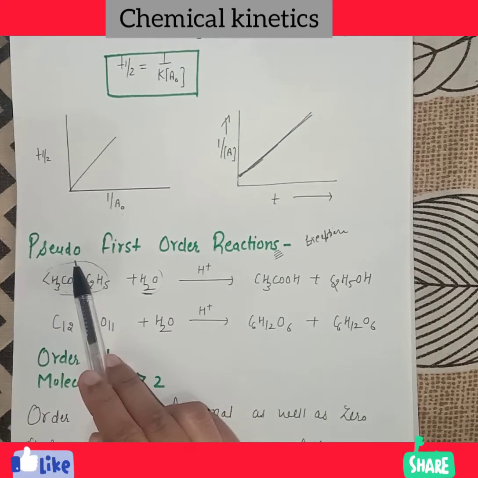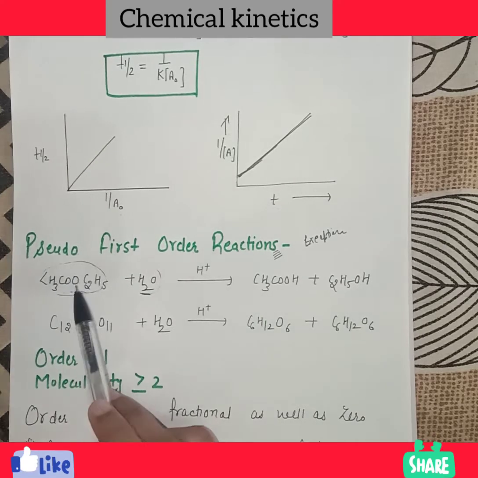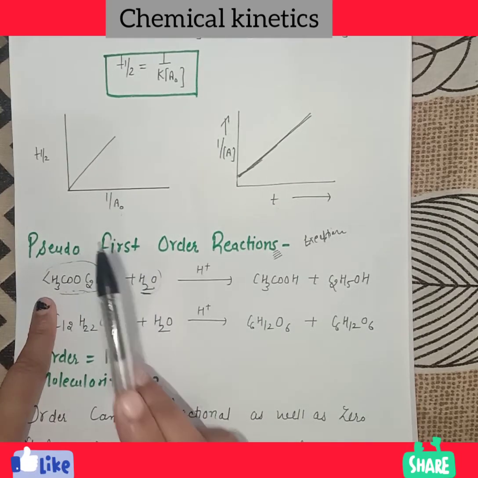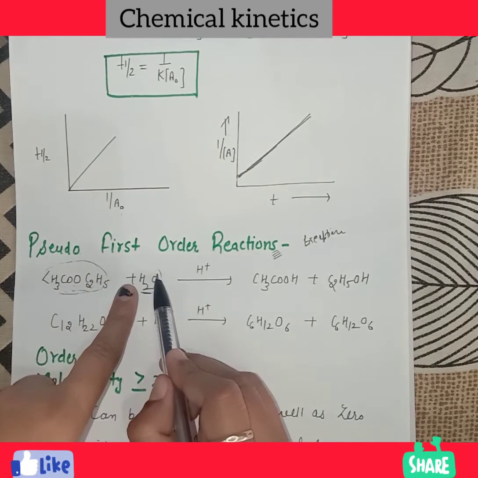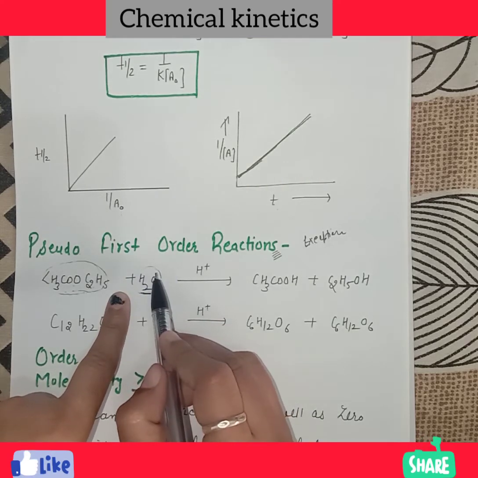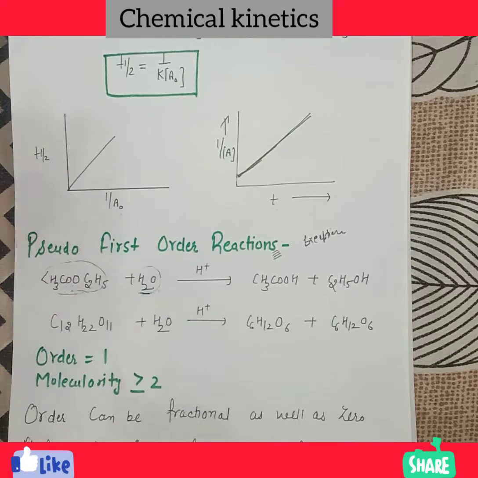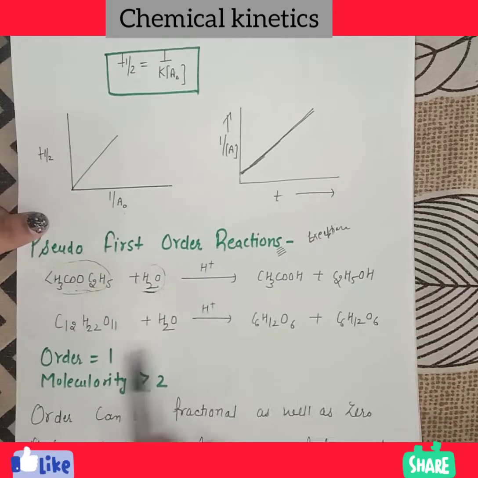This is the pseudo first order reaction, a fake first order reaction, because we are using two reactants but the rate depends upon only one, since the other is in excess and its concentration is taken as constant. These are the examples of pseudo first order reaction.